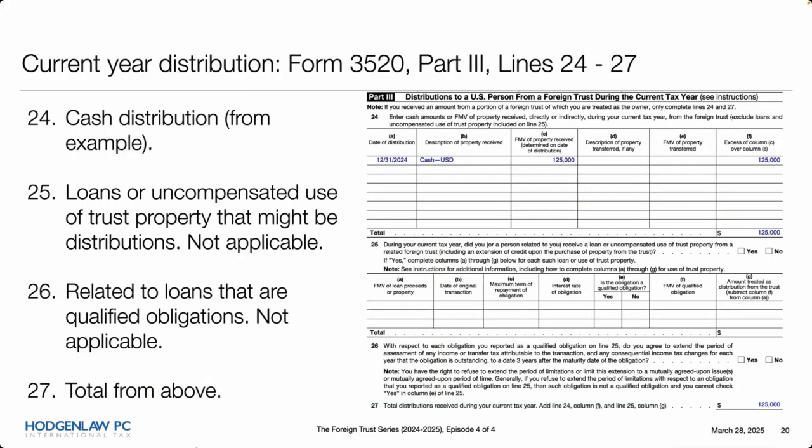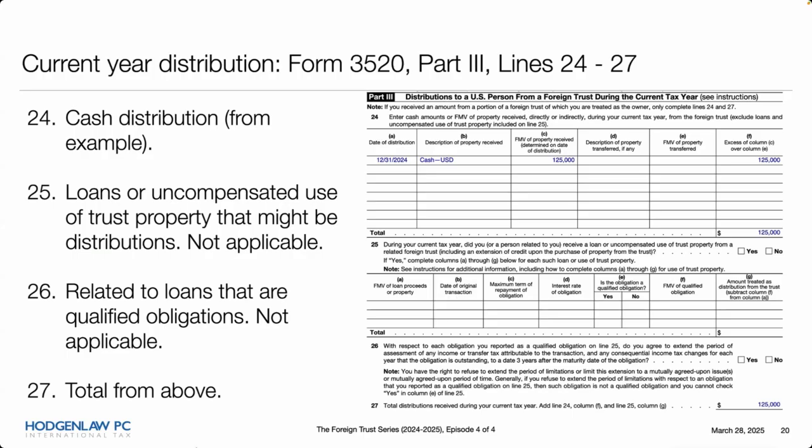In our example, we just have a cash distribution. So that goes on line 24 of Form 3520 Part 3. We then have, do we have any loans or uncompensated use of trust property? These are the Section 643(i) distributions. Nah, 25 is empty.